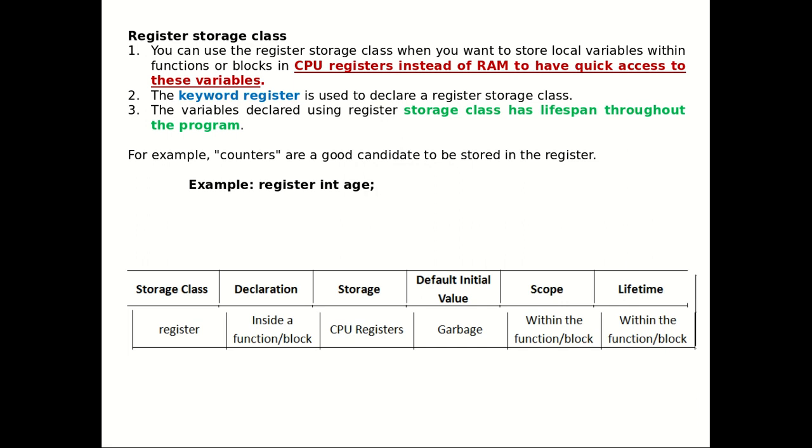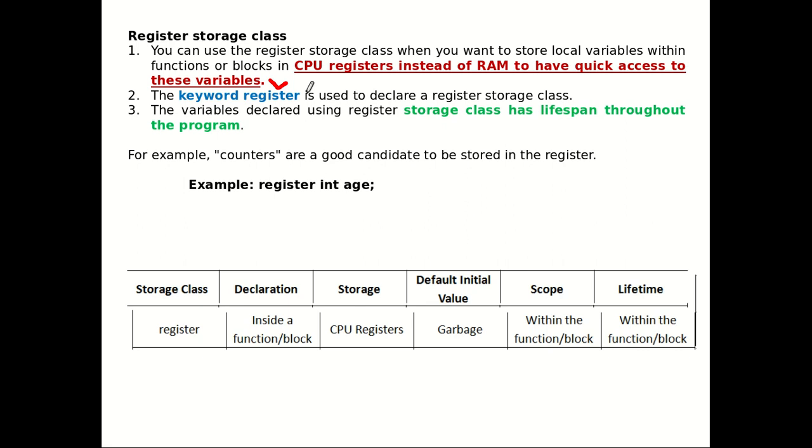So the last type is the register storage class. You can use the register storage class when you want to store a local variable within a function or block in a CPU register instead of the RAM, to have quick access to these variables. As we know already, register memory is faster than the RAM, that is main memory.